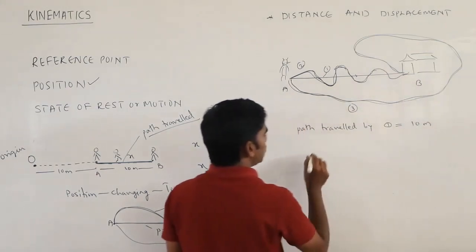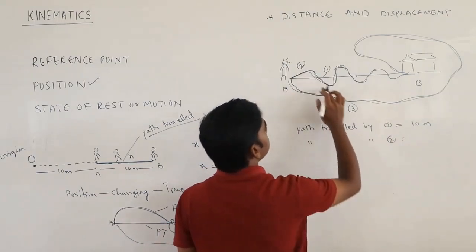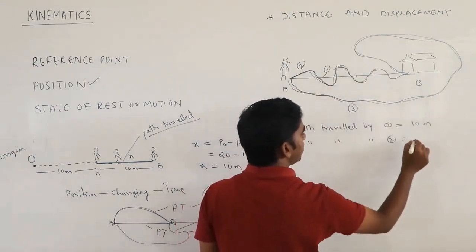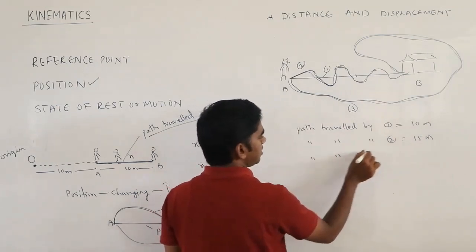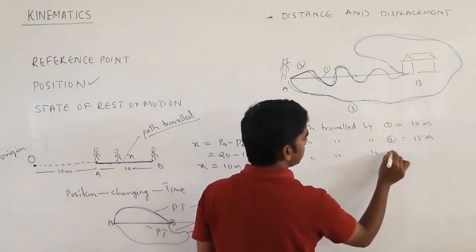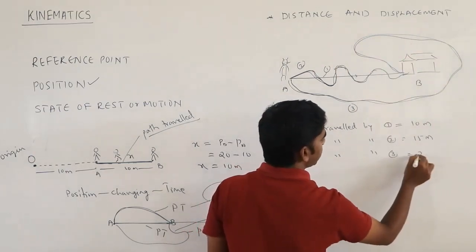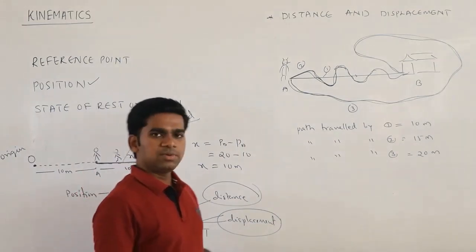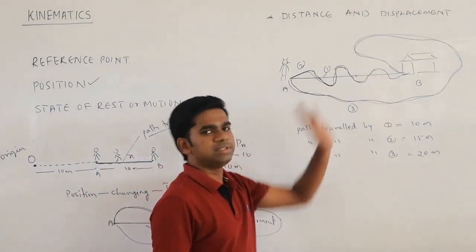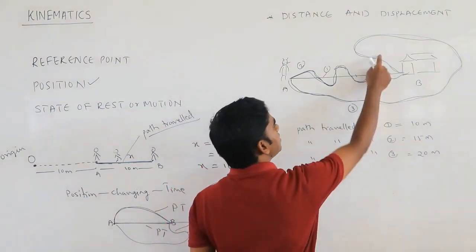The path traveled by the second person is going this way, so he may travel some 5 meters extra, 15 meters. The path traveled by the third person is totally different, so he may travel some 20 meters. But they are all reaching the same point. So what is the difference between these three?